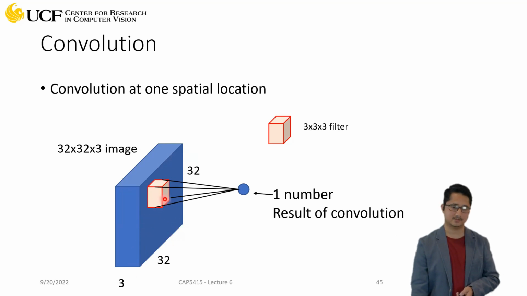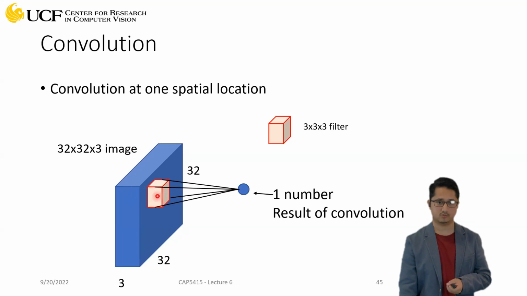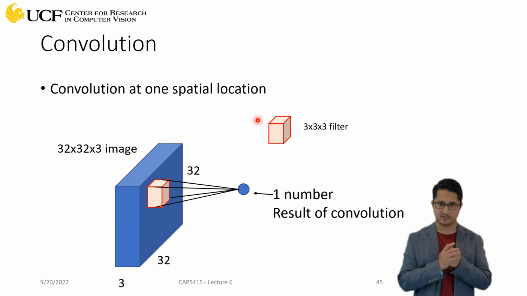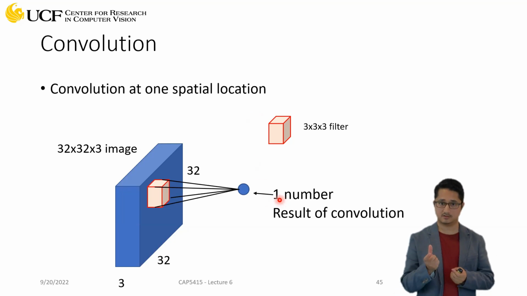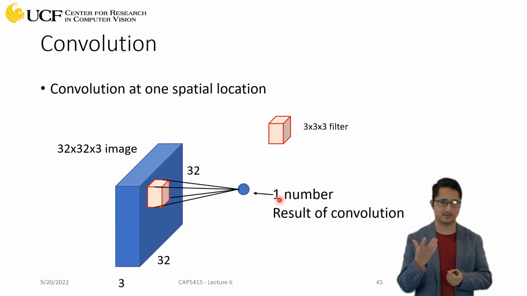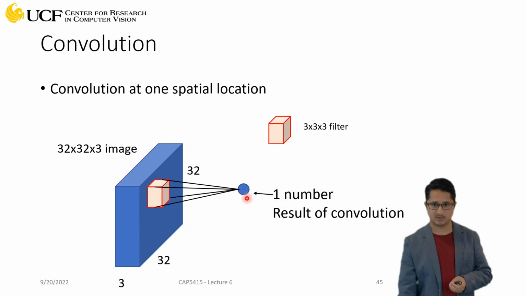And if you place it at this location, you will have again 3 cross 3 cross 3 volume from this blue cuboid. And you have 3 cross 3 cross 3 values from this kernel. You will just perform the element-wise multiplication. You will add those values, and that's going to give you just one number. So that's just a very standard correlation or convolution operation, which we have seen a lot in this course. All right, instead of 2D, it's a 3D. That's the only difference.